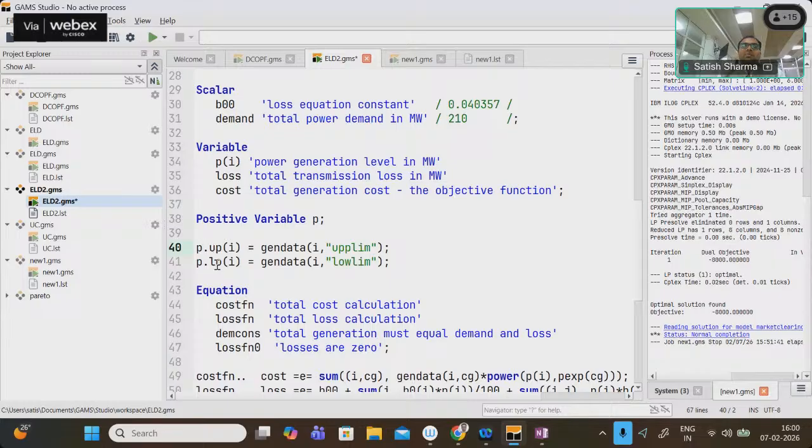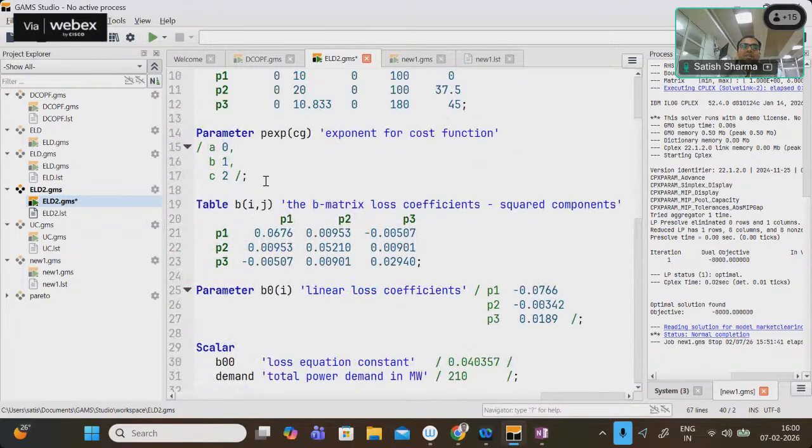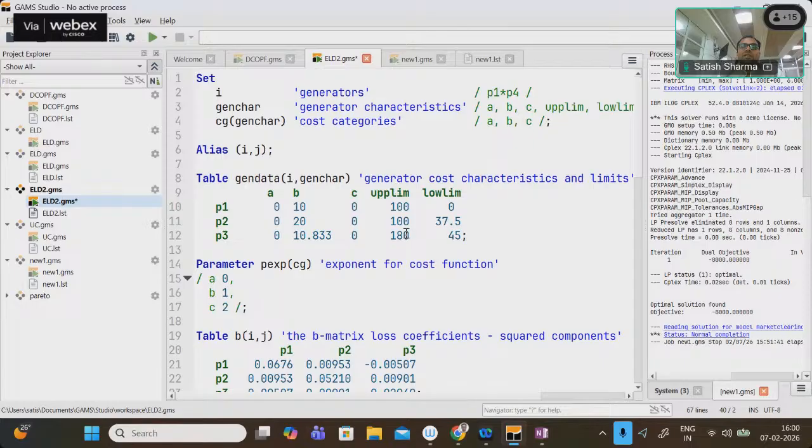So dot up and dot low are also syntax in GAMS. Then for the ith generator, we can provide this entire matrix of upper limits as the upper limit of these variables, and lower limits as the lower limit for the variable P, and this will come from this particular table gen data and the respective column. So the columns are basically upper limit or lower limit. Here I don't have to remember whether it is the fourth column or fifth column, whereas earlier we had the MATPOWER input case file where the maximum and minimum were available at column numbers 9 and 10.